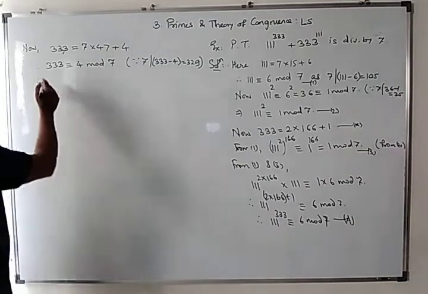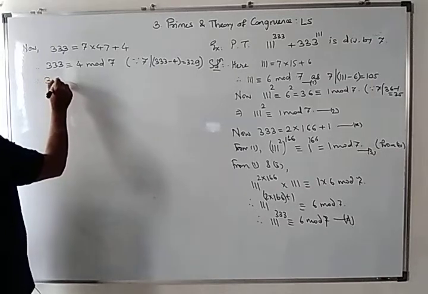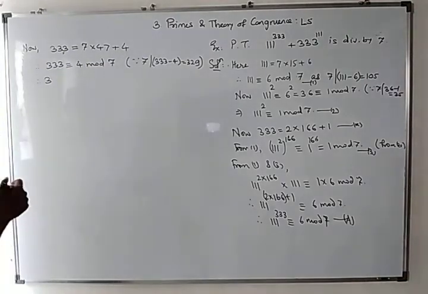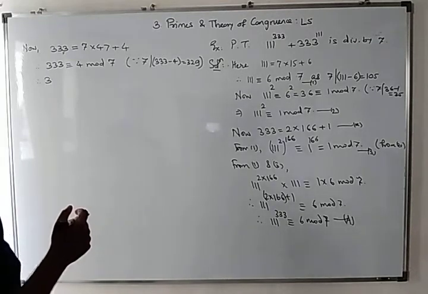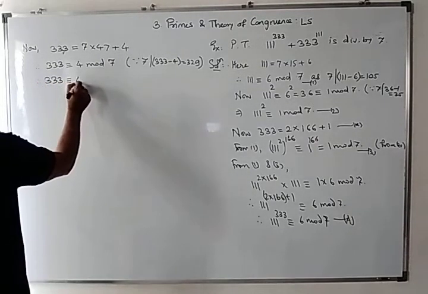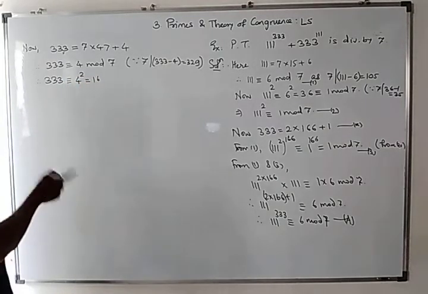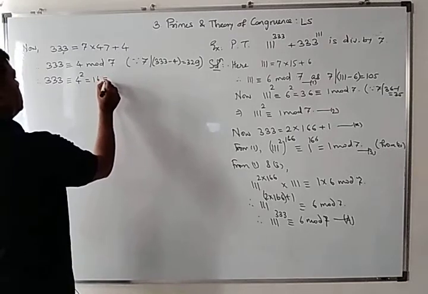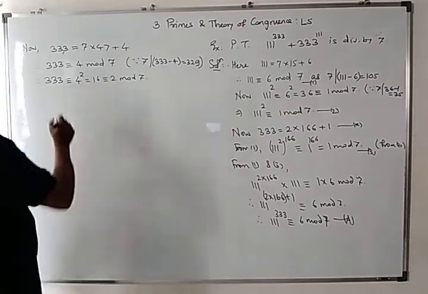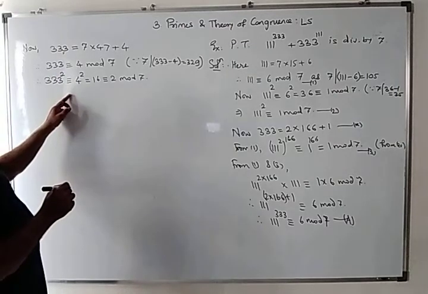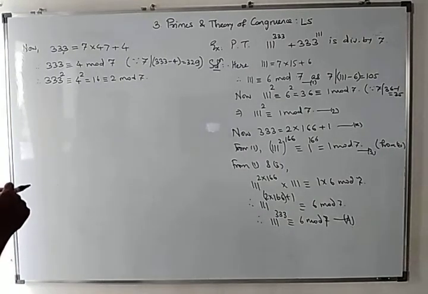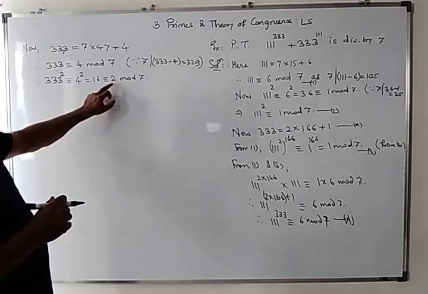Four cube is 64. 4 square is equal to 16, if I divide by 7, is congruent to 2 mod 7, right. 16 divided by 7 gives us remainder 2.